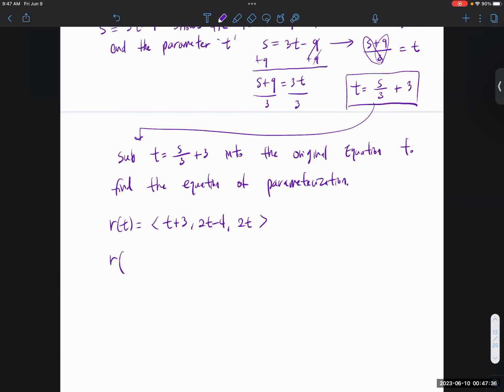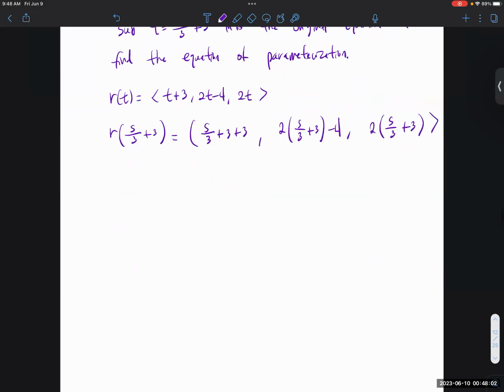Now it is going to be s over 3 plus 3 plus 3, 2 times (s over 3 plus 3) minus 4, and 2 times (s over 3 plus 3).